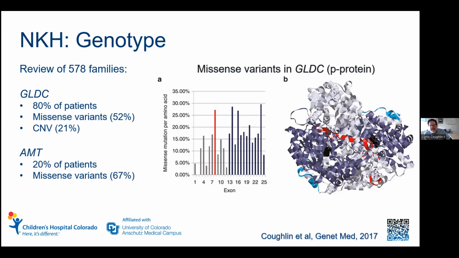And then a smaller subset of patients have AMT mutations. Those in the audience who've seen a lot of NKH patients probably realize that there's also an ethnic distribution of GLDC versus AMT mutations, and that GLDC is much more common in the United States and in most of Europe. So it's probably why we see this distribution being so specific in our cohort.